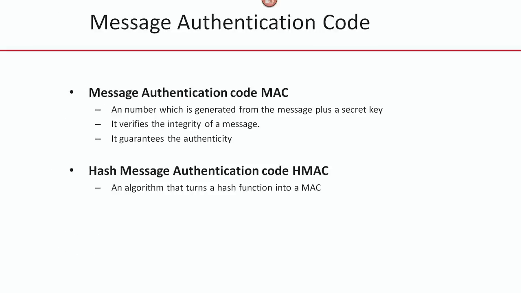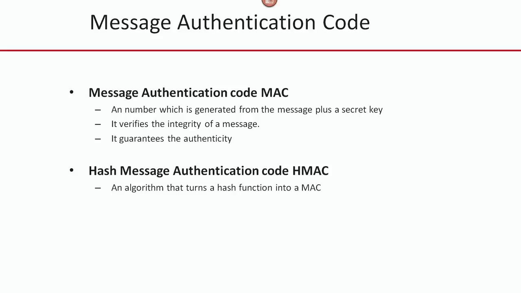One step on from a message hash is also a message authentication code. So this works in a similar way to a message hash, in that we'll generate a unique number that relates to our data. But that hash is generated in conjunction with a secret key, so that to regenerate that hash we need access to the secret key.